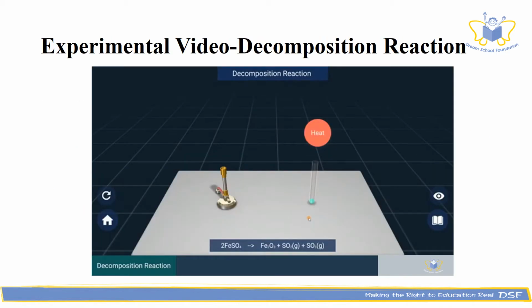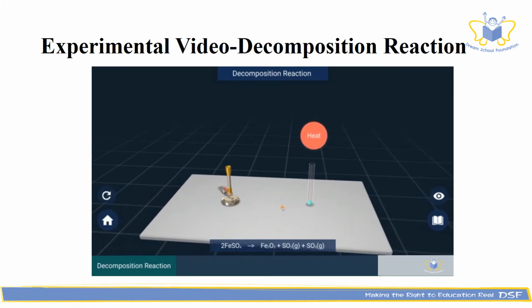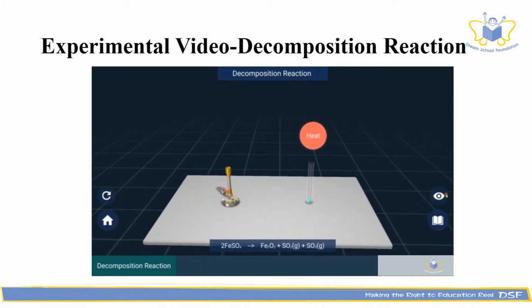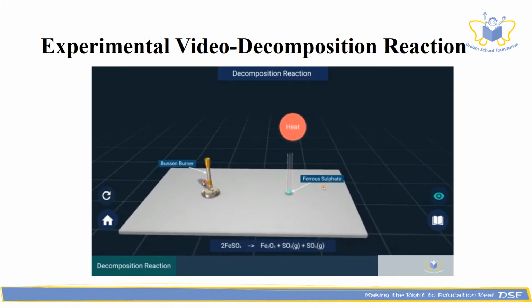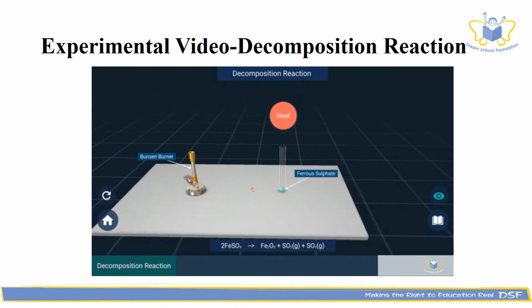Watch an experimental video on decomposition reaction. What is a decomposition reaction? Let's perform an activity to understand this. About 2 grams of ferrous sulfate crystals are taken in a dry boiling tube.